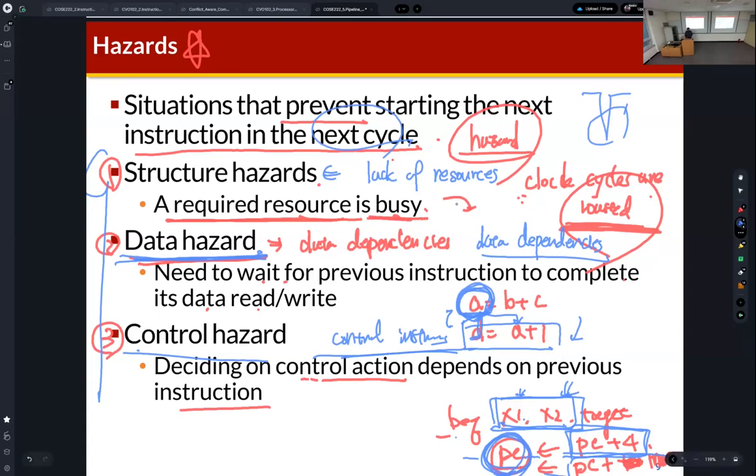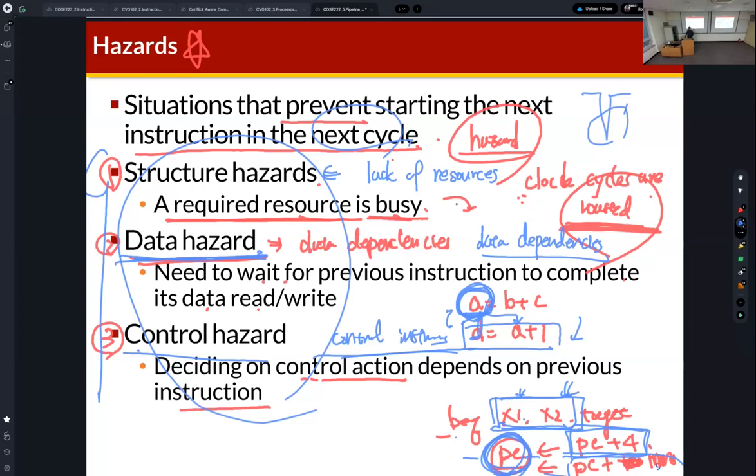Okay, and then there are 3 kinds of hazards. It's very important: structure hazard, data hazard, and then control hazard. We classify these hazards based on the reasons of the clock waste event. What are structure hazards?